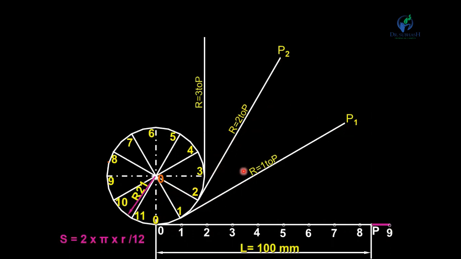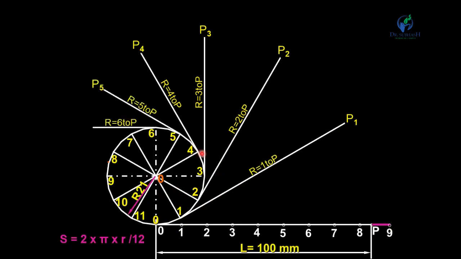Similarly, from point 3, draw a tangent and you will get the point P3. Similarly, find the points P4, P5, P6, P7, and finally P8.